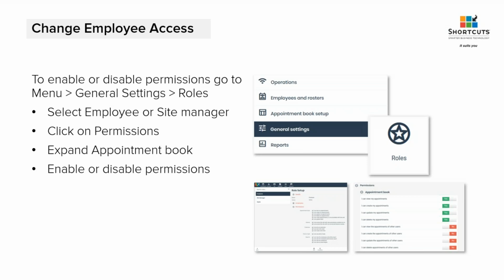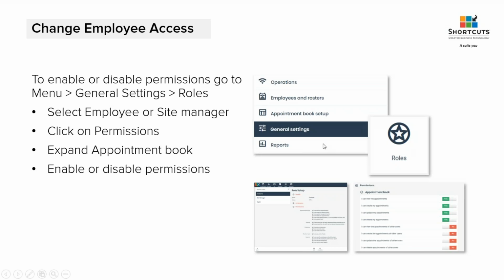Once we're there, Shortcuts will show you these are my two default settings, employee or site manager. So you'll choose which one of those permissions you want to adjust. And then once you're in the role setup, you click a little slider that says yes or no. They're going to have access to this in the appointment book or this in the security.